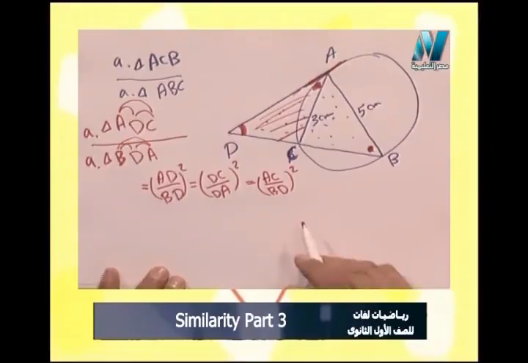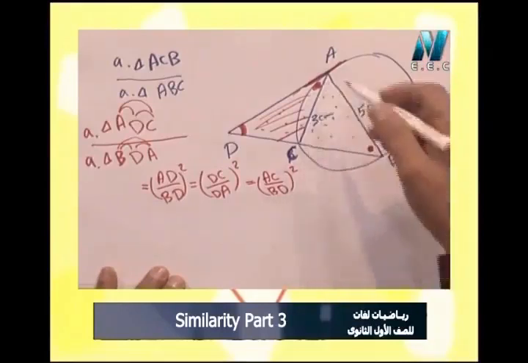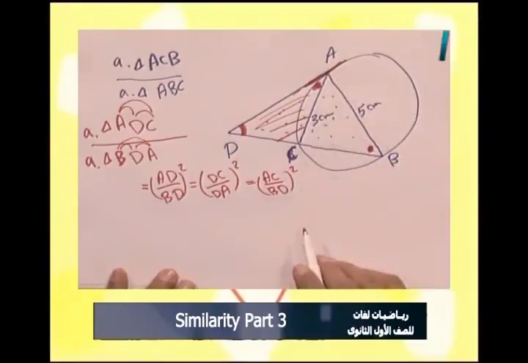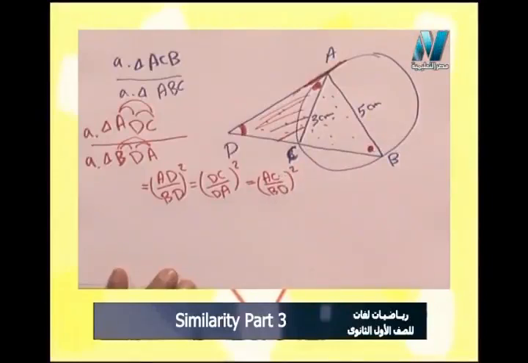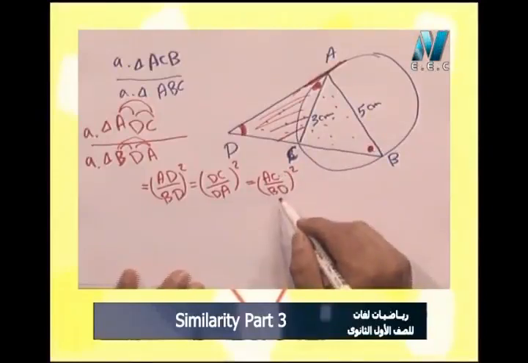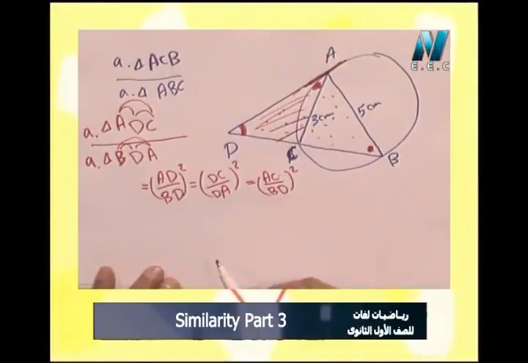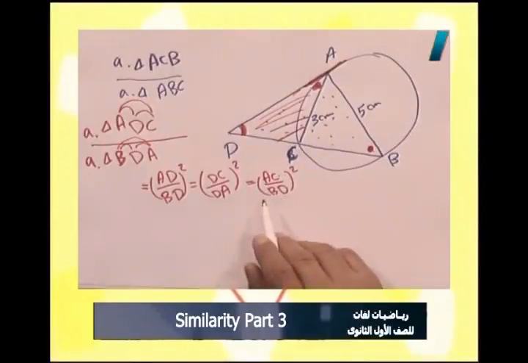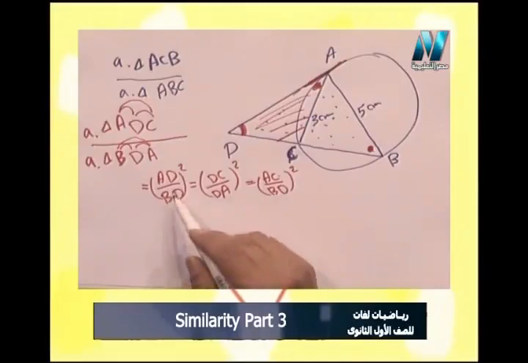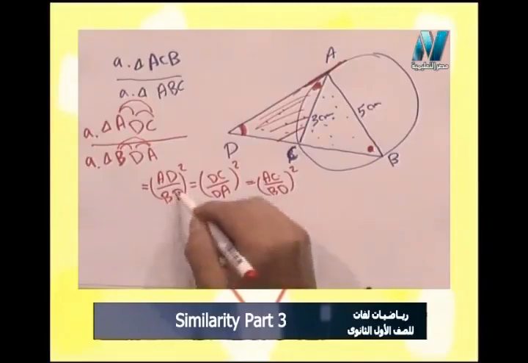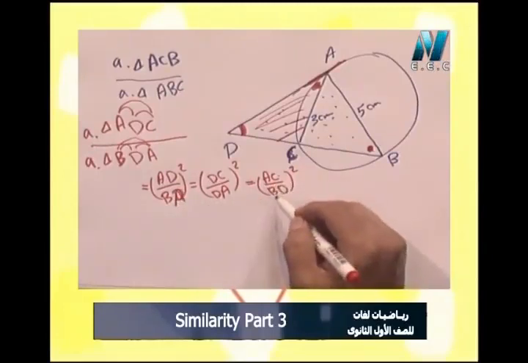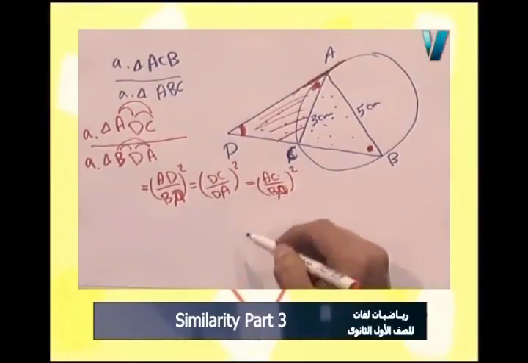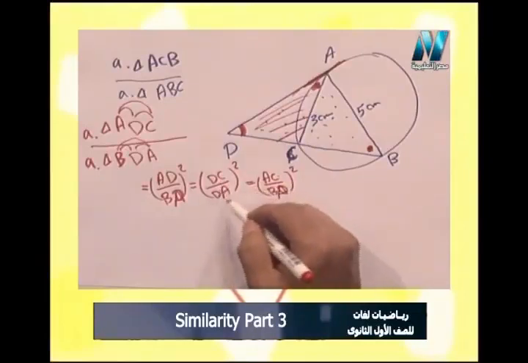Do we have any ratio here? We have also AC and AB. Where is AC? This is AC and AB. Okay, we'll concentrate again. It will be DA over AB, it's A here, and AC over BA here, it's DC over DA here.